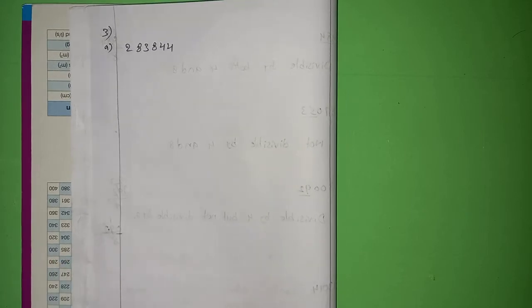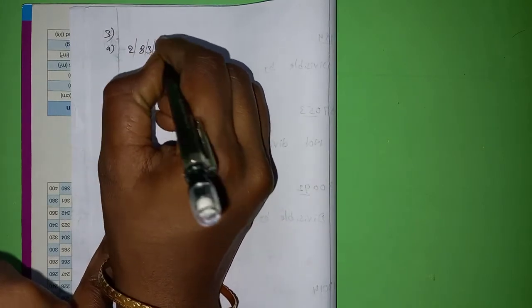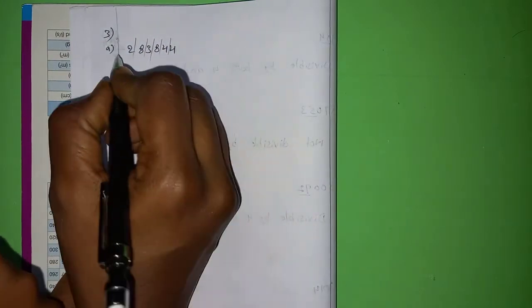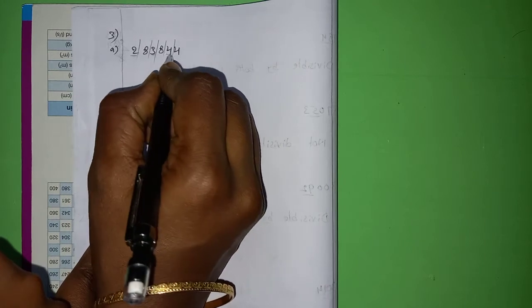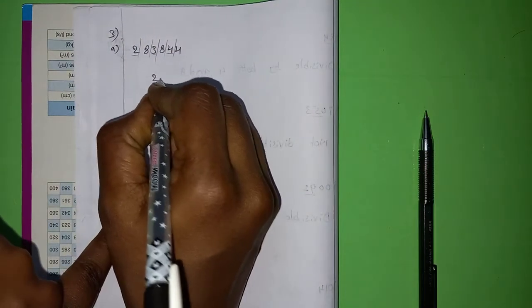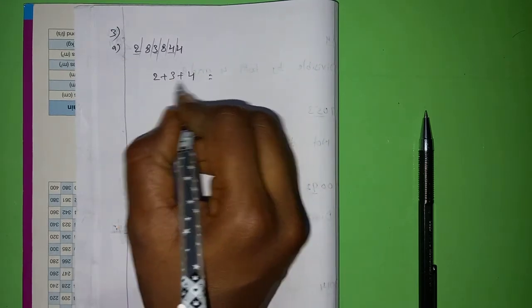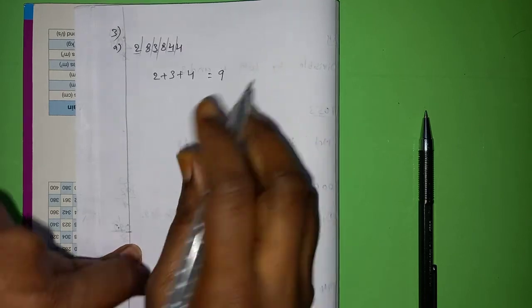How to check whether the number is divisible by 11 or not? First, we have to add the digits in the odd places. So, let us add 2 plus 3 plus 4. What is the answer? 9.